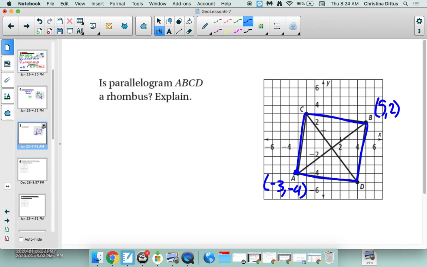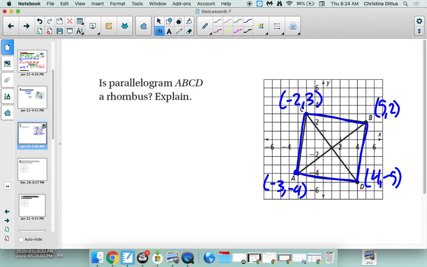C is at -2, 3. And D is at 4, -5. I need to make the axis lines darker. That's why I got them mixed up. I see where it is now. Which one do you want to start with?